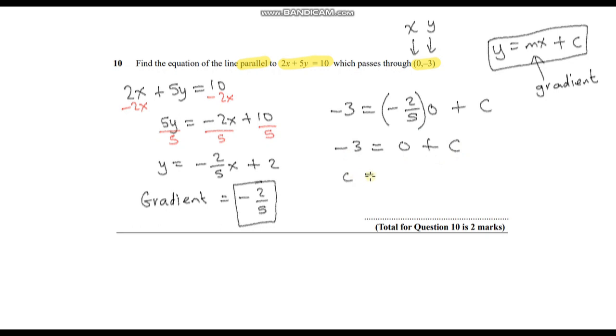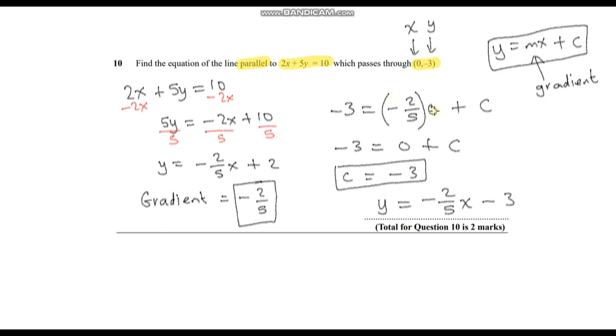So therefore c must equal -3. So we've got our y-intercept now, and we've got our gradient. We can write down the equation. So the equation of our line is going to be y equals -2/5 x, and then -3.